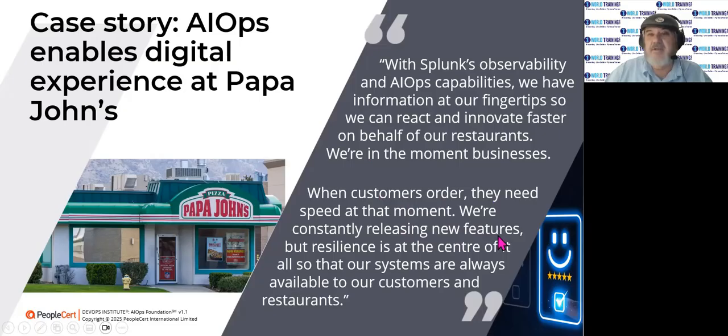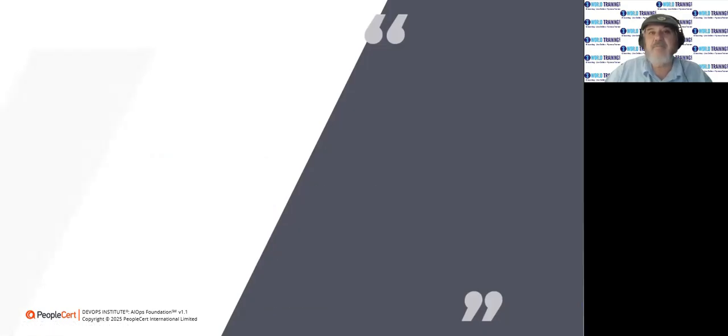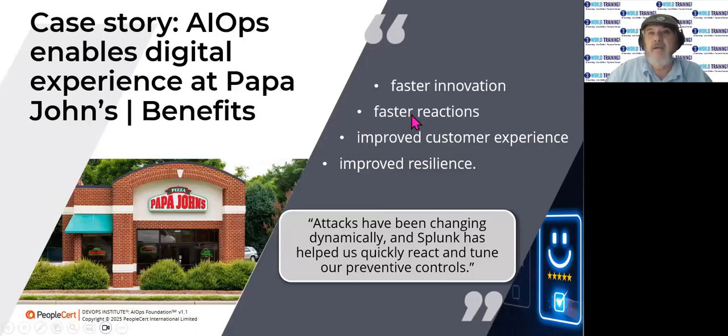We're constantly releasing new features, but resiliency is at the center of it all, so our systems are always available to our customers in restaurants. The result of that is they accomplish faster innovation, faster reactions, improved customer experience, and improved resilience. Attacks have been changing dynamically, and Splunk has helped us quickly react to tune our preventative control. So I guess they're talking about security improvements as well.